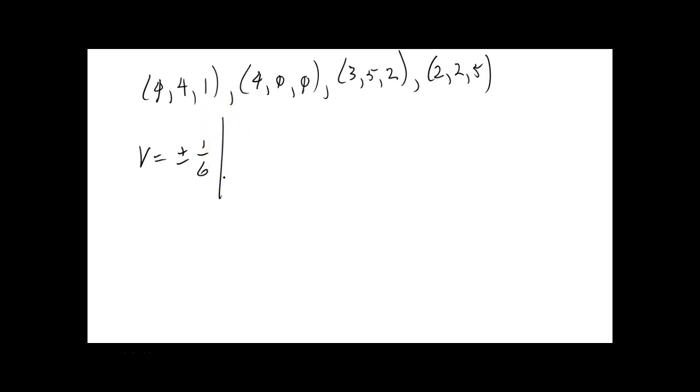And then you put down these coordinates. 0, 4, 1. And always, the last column is always going to be a 1. Okay? 4, 0, 0, 1. 3, 5, 2, 1. And 2, 2, 5, 1.